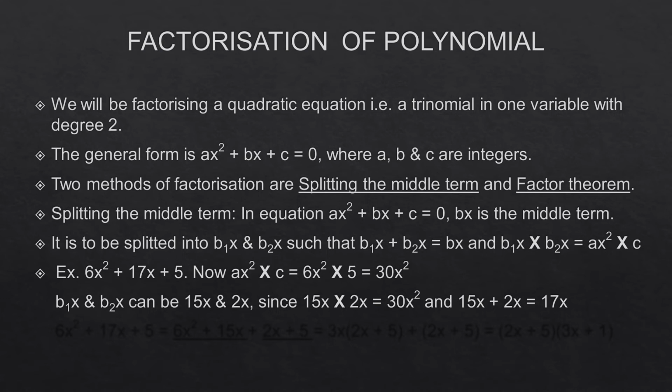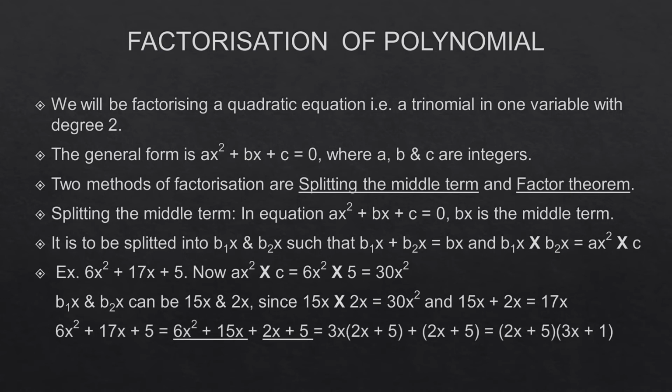You can see it is also equal to 30x squared, and b1x plus b2x is equal to 17x. So 15x plus 2x is equal to 17x. After breaking the middle term, 6x squared plus 17x plus 5, the 17x is broken into 15x plus 2x.